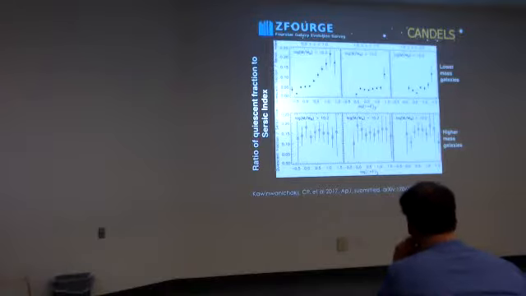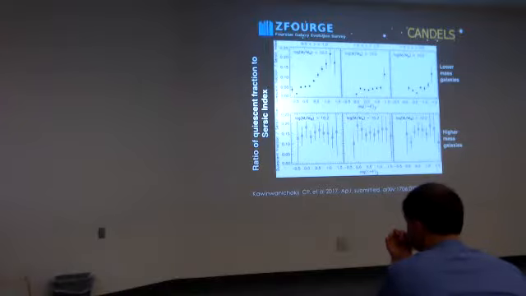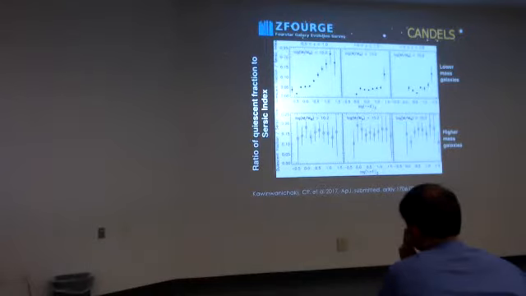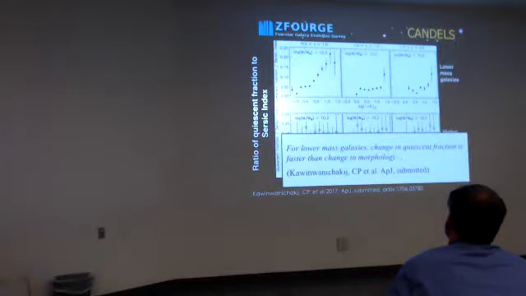For low mass galaxies, that is not the case. It's what we saw before in the other plot, that the quenched fraction changes faster than the Sersic index as you increase in density. So as low mass galaxies quench, their quenched fraction is preceding a change in their morphology. That's all it says here: for low mass galaxies, change in quiescent fraction is faster than the change in morphology.